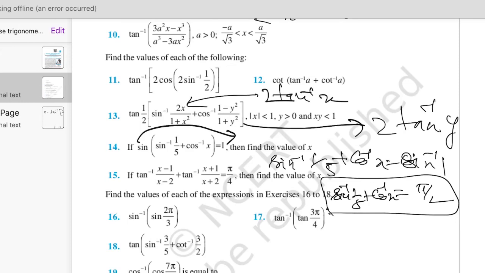Applying the formula, we'll conclude that x is equal to 1 by 5 because sine inverse x plus cos inverse x is equal to pi by 2. Here first term is sine inverse 1 by 5 and the second term is cos inverse x and is equal to pi by 2. So comparing both, you get x is equal to 1 by 5.